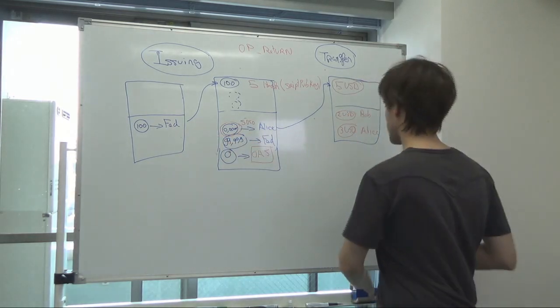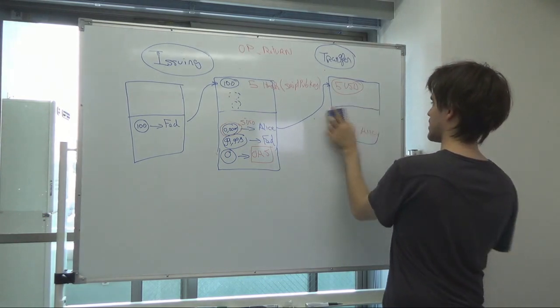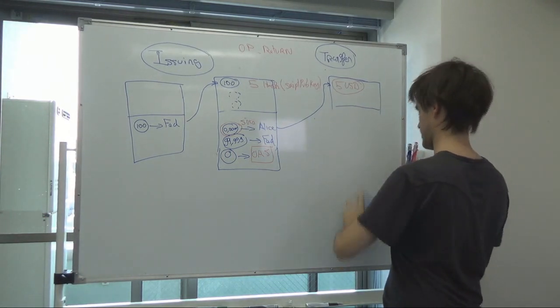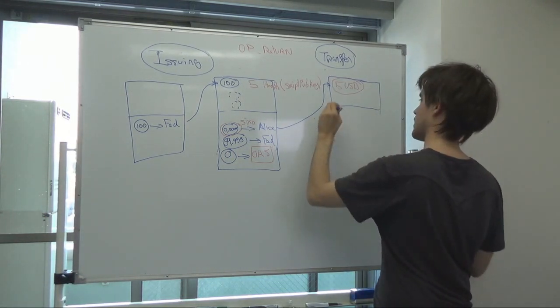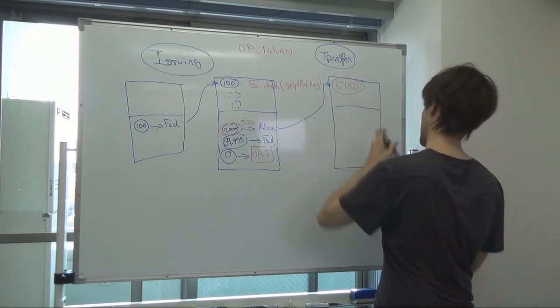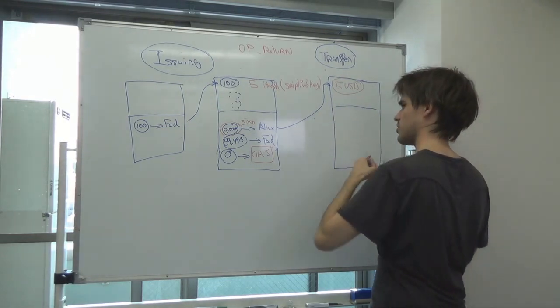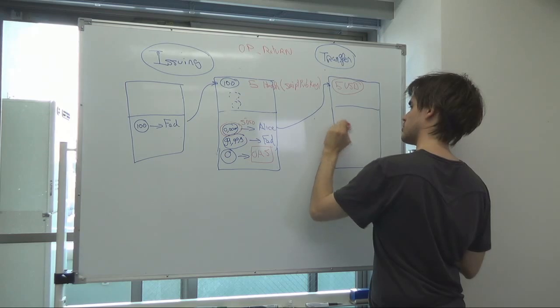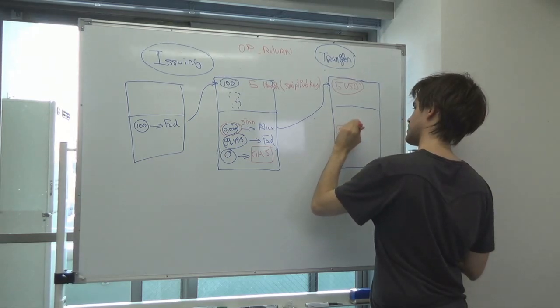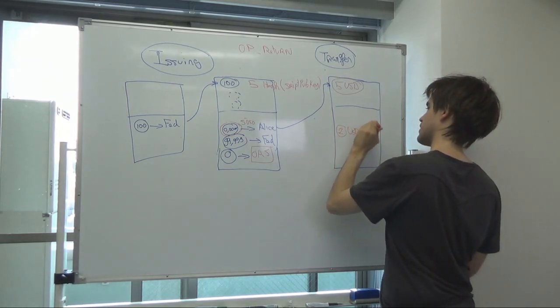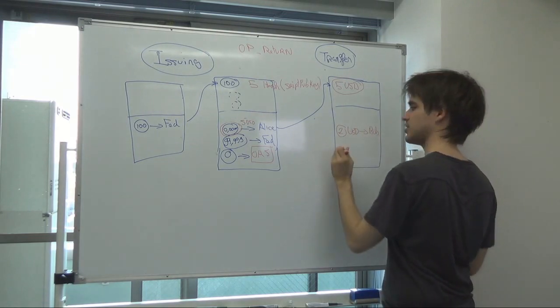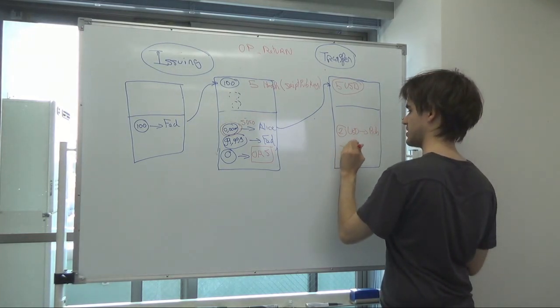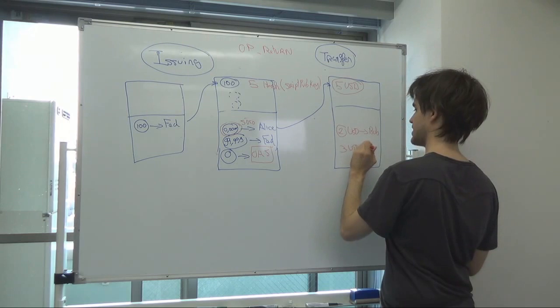So on the protocol aspect, here we have 2 USD to Bob and 3 USD to Alice.